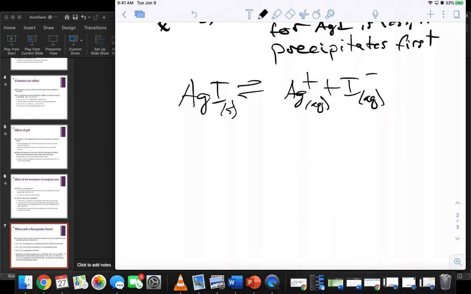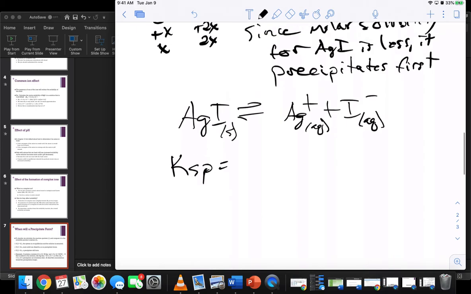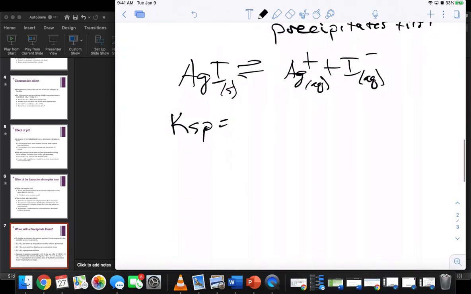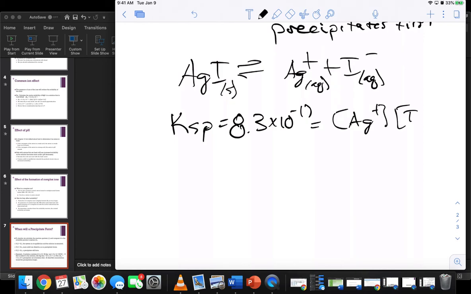And all that's really important here is that we already know the Ksp, right? Ksp for this reaction was, they told us from up above, 8.3 times 10 to the minus 17. And then this needs to equal my silver concentration times my iodide concentration.